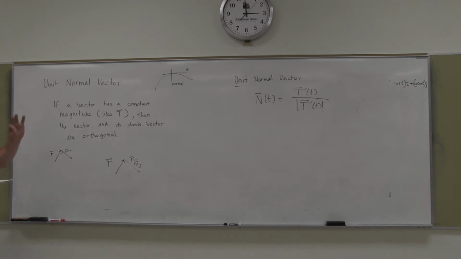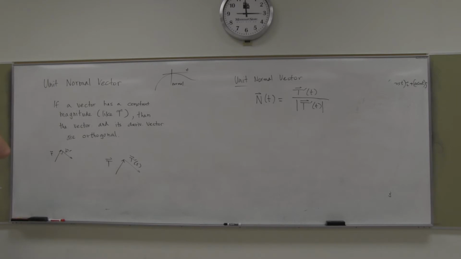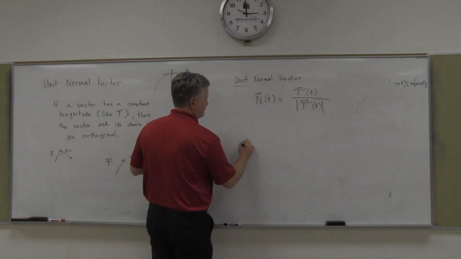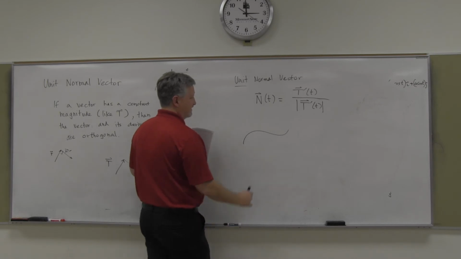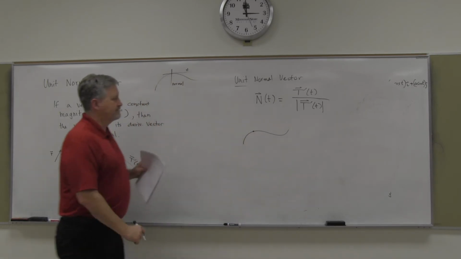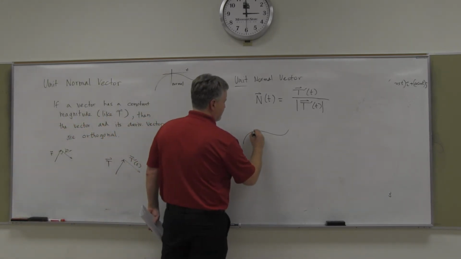So the unit normal vector is the vector orthogonal to the unit tangent vector, 1 unit long. With the two-dimensional version, it's much easier for us to draw. We've got this unit tangent vector.